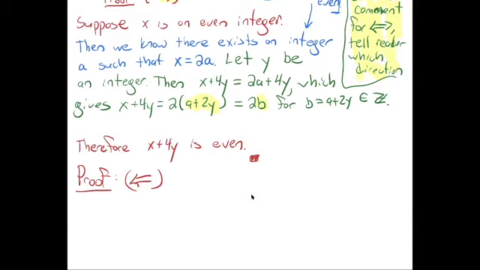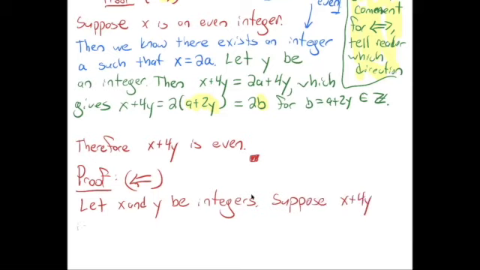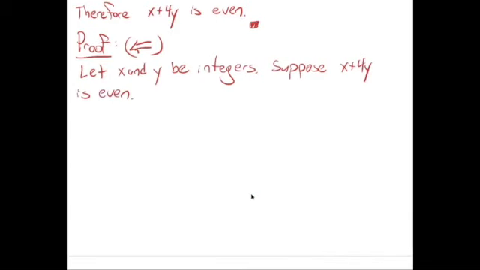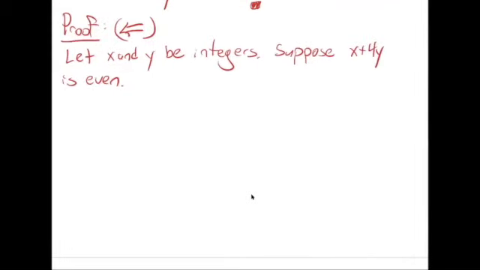So then if we're going in the other direction, we're going to start by supposing that Q is true. So now we're going to start with Q. And we're trying to show P. So it's reverse now.